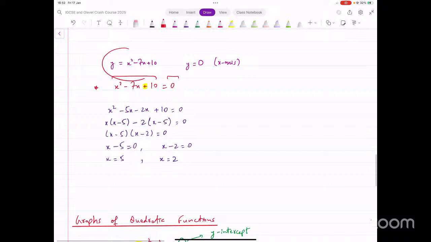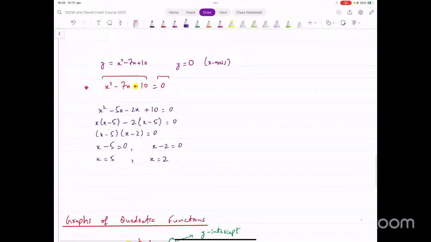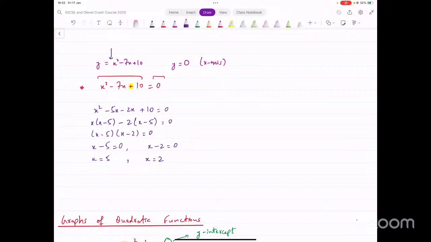So if you were to draw this quadratic function, you see the coefficient of x squared is positive. That is going to be a U-shaped graph. It would look like this. The values of x that we have found here represent the points where this graph intersects the x-axis. If this is your x-axis, this is basically the line y equals 0. The points of intersection of this graph with the x-axis are going to be 2 and 5.